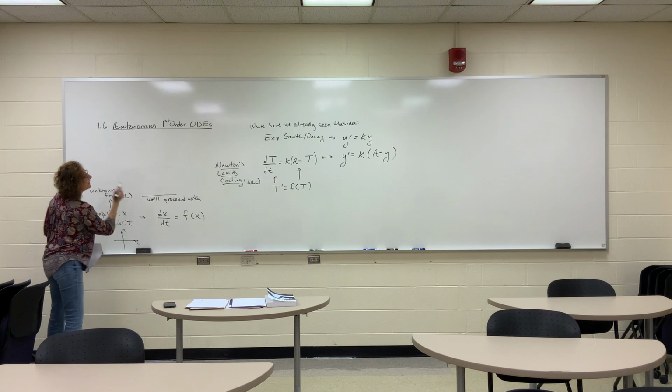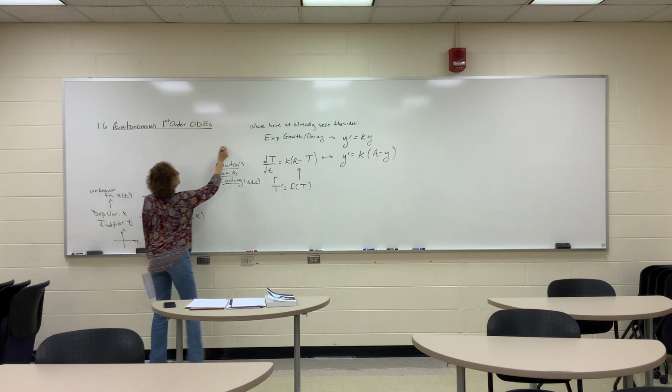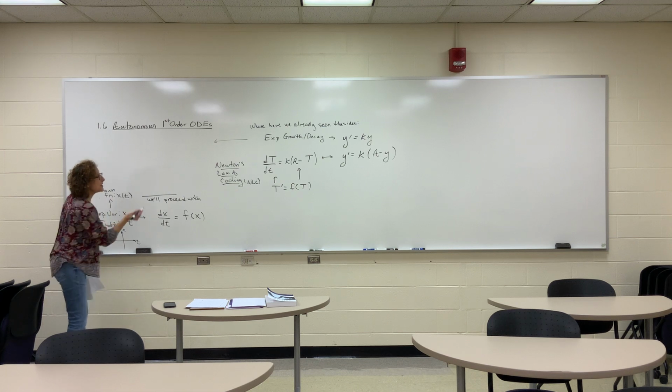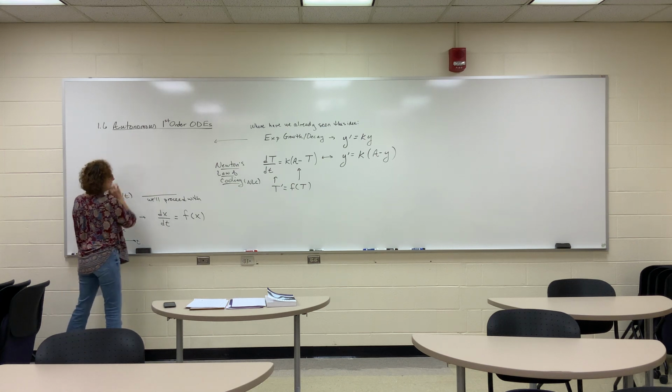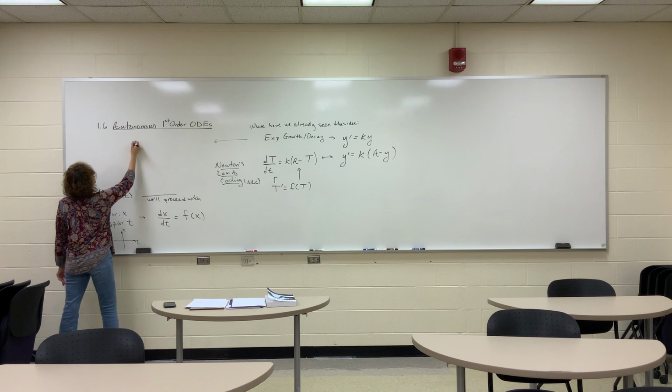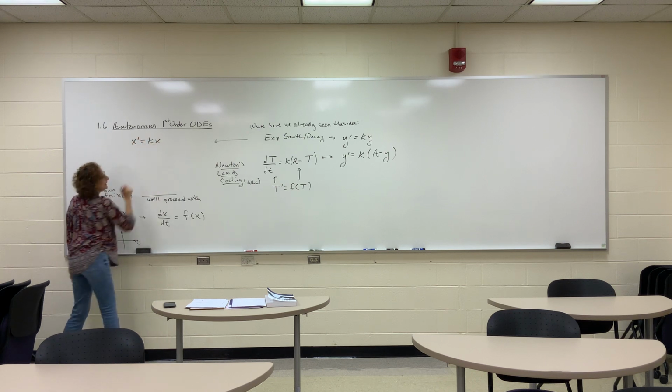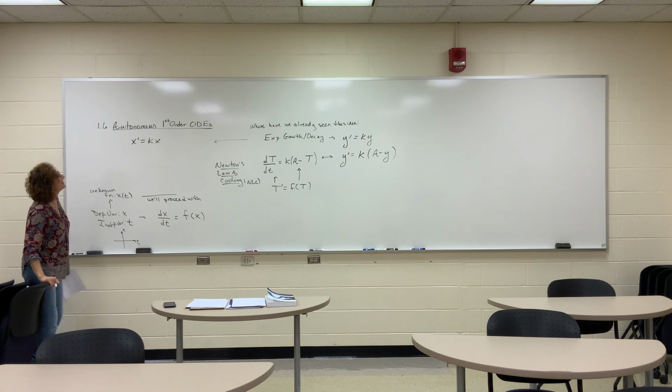If we're going to rewrite exponential growth and decay in autonomous first order ODE notation where x is our dependent variable, then we have x prime equals kx. Same equation.